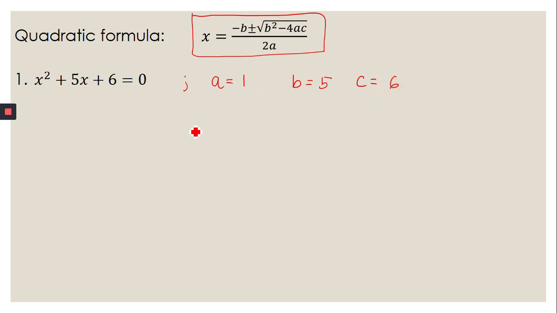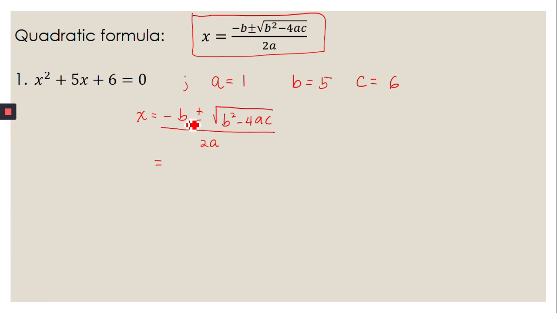After identifying the values of a, b, and c, you are going to plug them into the formula. Let me write down the formula first: x is equal to negative b plus or minus the square root of b squared minus 4ac, all over 2a. Now let's plug in the values.